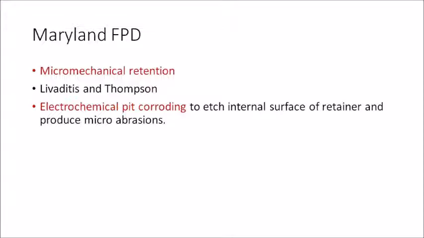For the retainer, the etching is done with the help of electrochemical pit corrosion. That is, the retainer will be immersed in a solution of acids and a current will be passed which causes etching of the retainer. The etching of the tooth is through normal 37% orthophosphoric acid. So because of these microporosities, it enhances the retention.